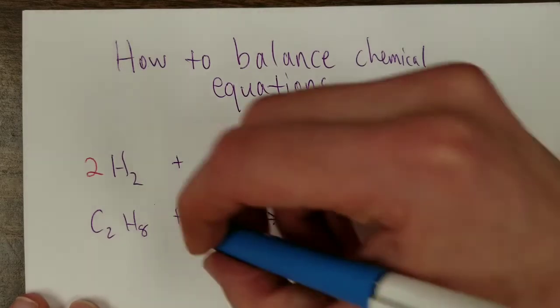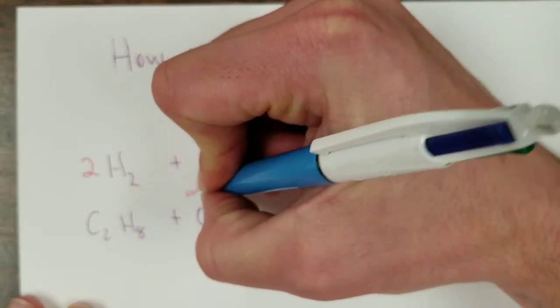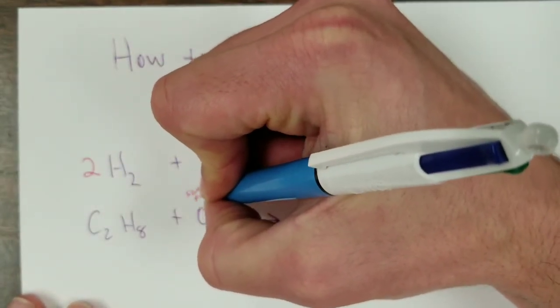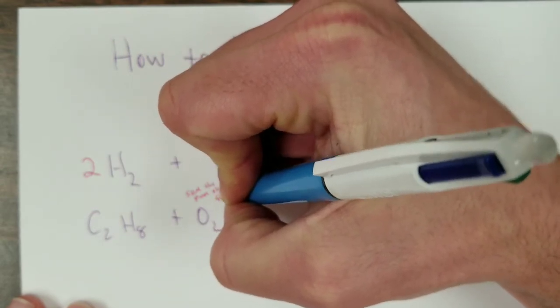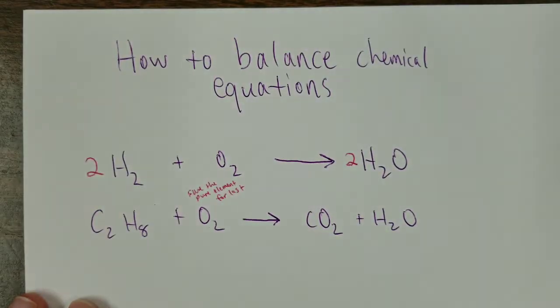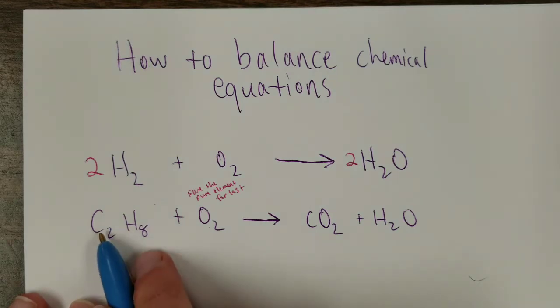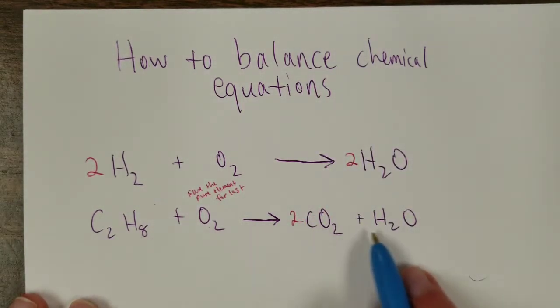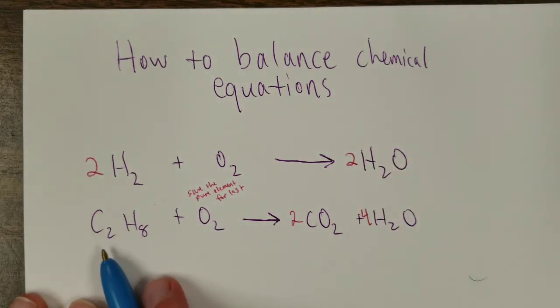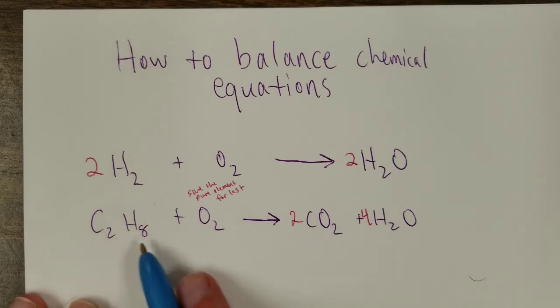The hint I will give is save the pure element for last. So 2 carbons, let's make that 2 carbons. 8 hydrogens, let's make that 8 hydrogens. That fixes carbon and hydrogen.